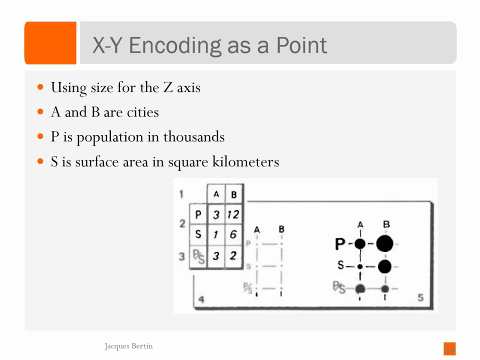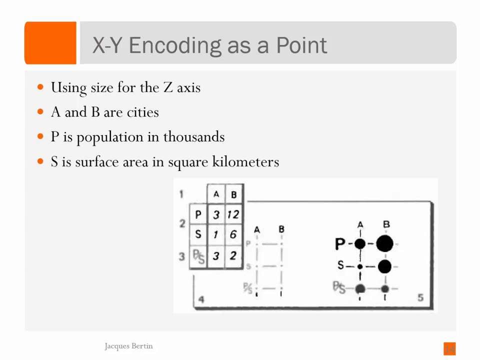We have our X and Y encoding, or rather I should say our first two variables, X and Y, encoding as a point. So what we see represented here is we have different plotted points of X and Y, and we see that represented through these different positions.